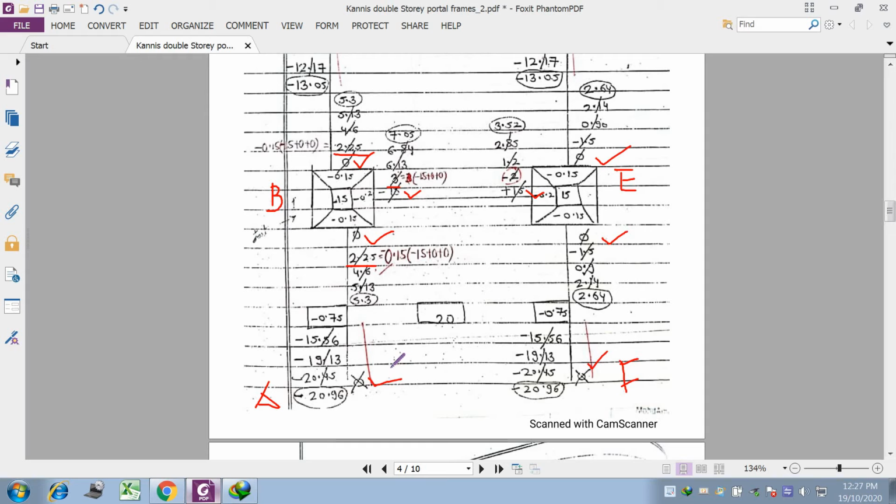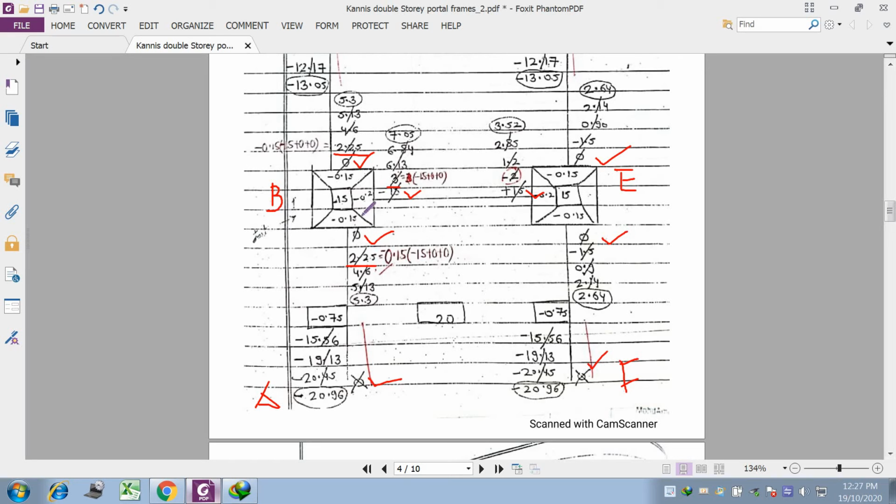Inside the bracket you have to write the central value, then here it will be 0, far end of E will be 0 and far end of A will be 0. If you multiply minus 0.15 into minus 15, you will get the answer as 2.25.